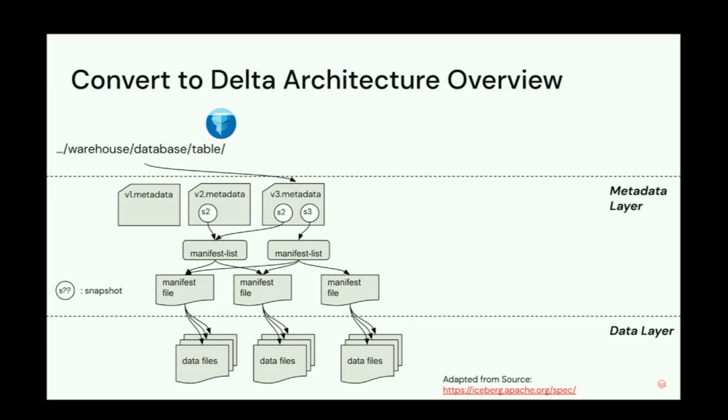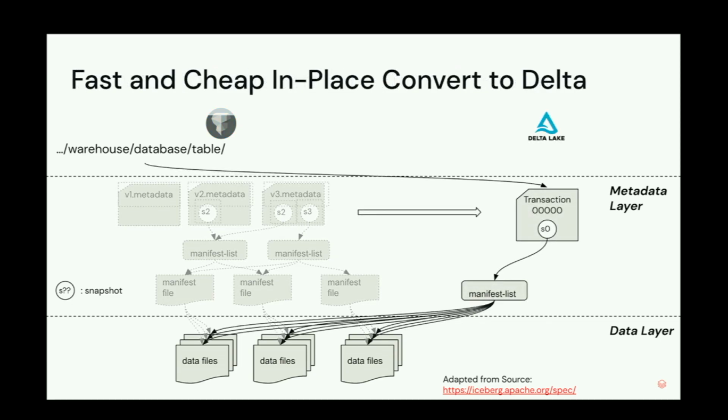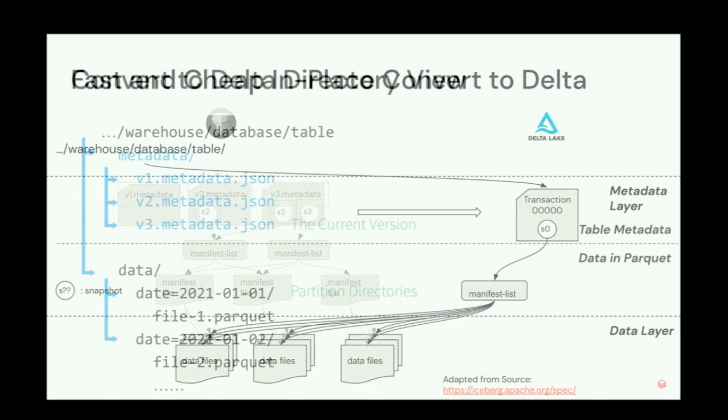So you have the metadata layer and the data layer. And once you do the convert to Delta, the Delta side will create a new metadata layer with this transaction log, and then point to the original data files.